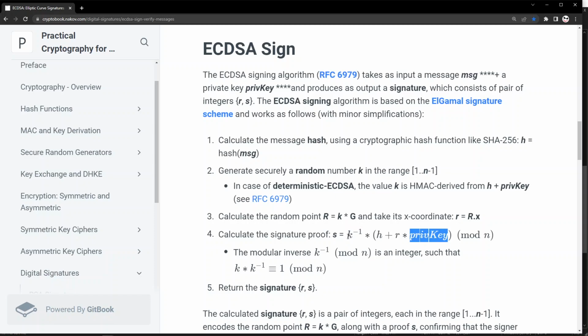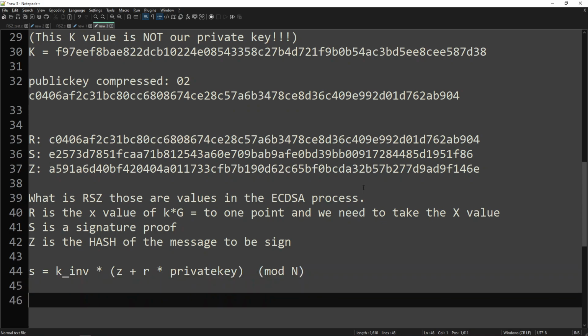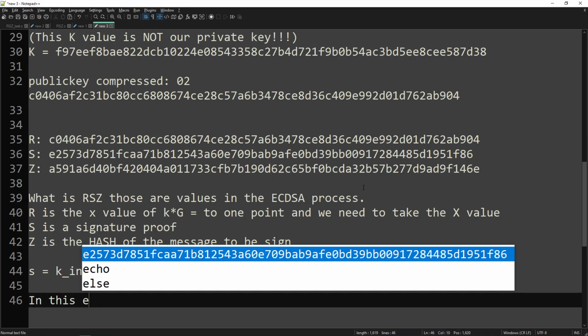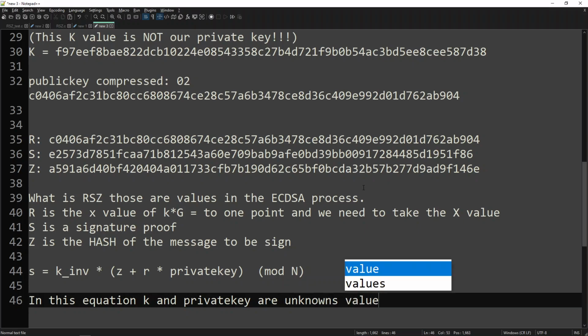But what happens if, let me write this. So in this equation, k and the private key are unknown values, right?